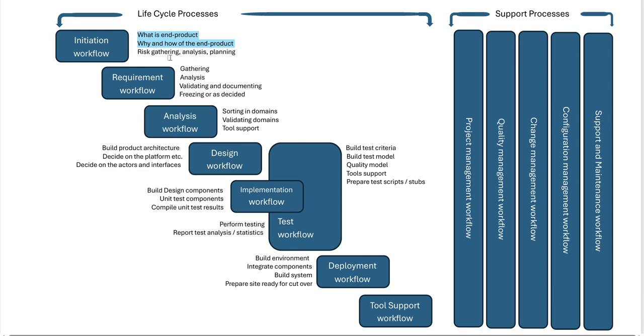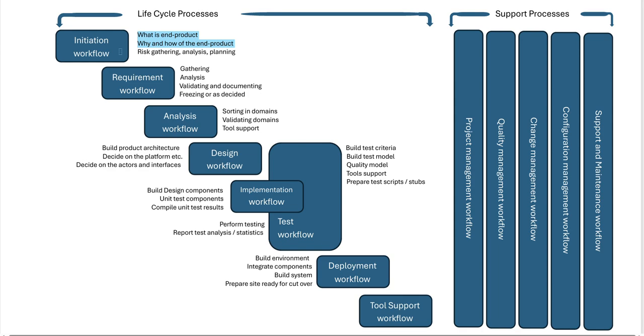The third is risk gathering, analysis, and planning. So let me clear one thing. The risk gathering happens throughout the project. We don't just do risk gathering in the initiation workflow, because we are really early in the stages.